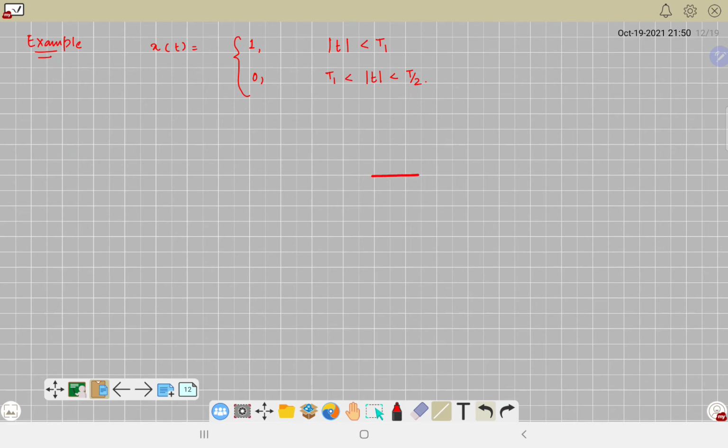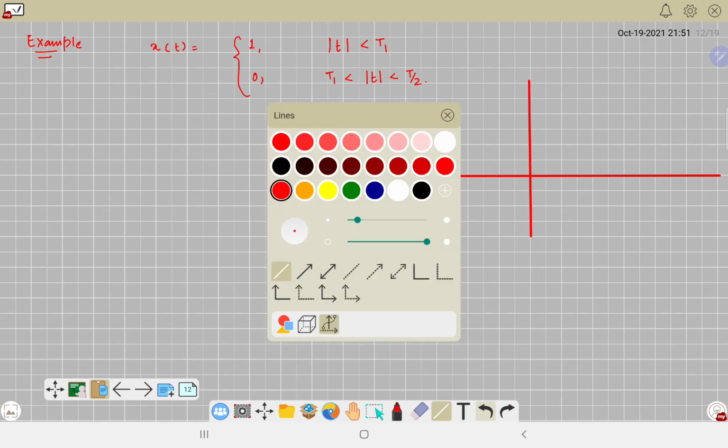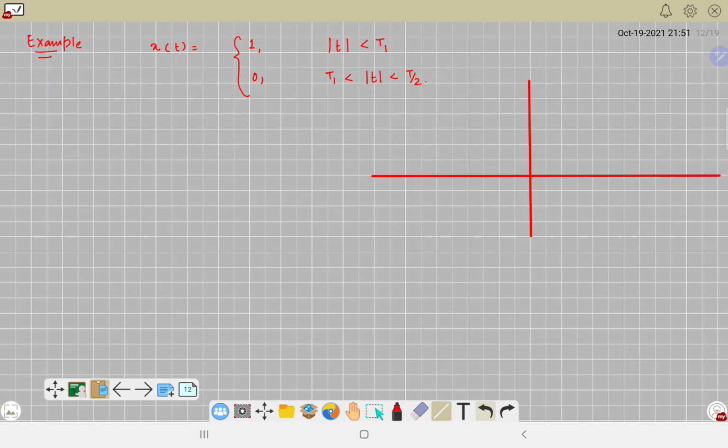So here is my time axis. This is the central part here. So the signal, it's a square wave, and he's defining it that it has a value of 1 between magnitude of t, magnitude आ गया, which means it extends on both sides of the time axis. So it will be something like this.